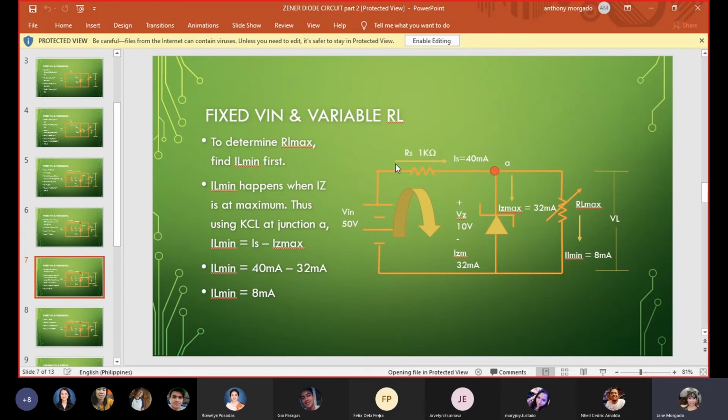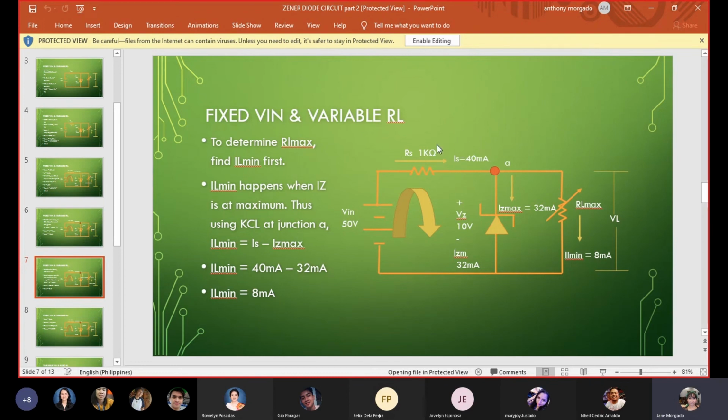Ano ba yung current in? Pag sabing current in, yung mga arrow papasok sa junction. Yan, current in yan. Current out, palayo. Current in natin is IS minus IC minus IL is equal to 0. IS is always at 40 milliampere.